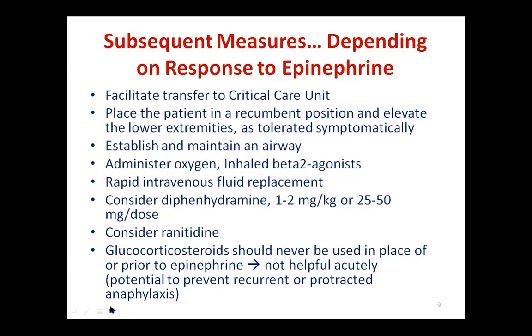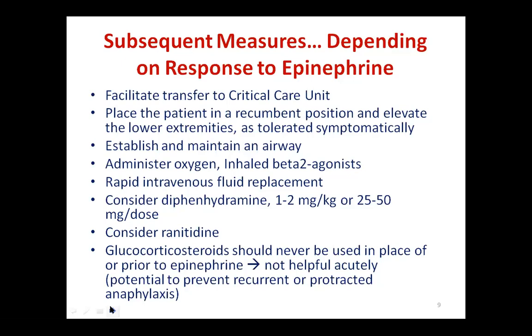We have to establish and maintain an airway, and for that, we should have some option for surgical interventions also, because sometimes we need to do some emergency cricothyrectomy, and there is importance of oxygenation, inhalation of short-acting beta-2 agonist, and intravenous fluid replacement is very important.